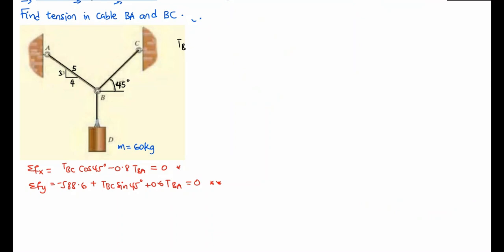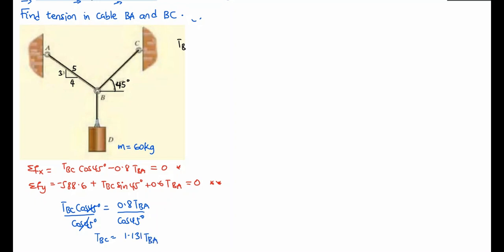Now you are going to use the substitution method to solve these two equations that we have here. From the first equation, I'm going to make TBC the subject. So we're going to have TBC cosine of 45 degrees equal to 0.8 TBA. Let's divide both sides by cosine of 45 degrees, so this will cancel out this. And then I'm going to get TBC equal to 1.131 TBA.